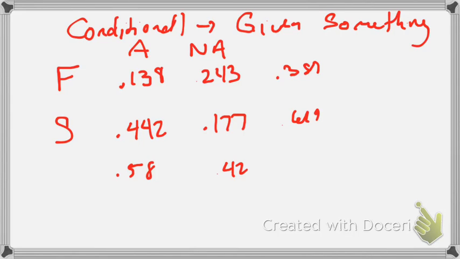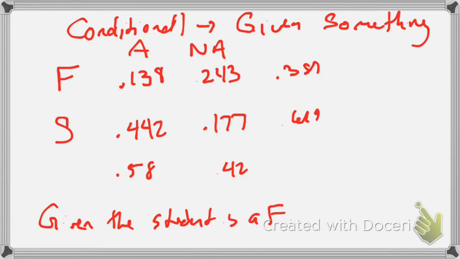Now, the question would ask you something along the lines of, given the student is a freshman, what is the probability that they are attending? So we want a freshman that's attending, right?